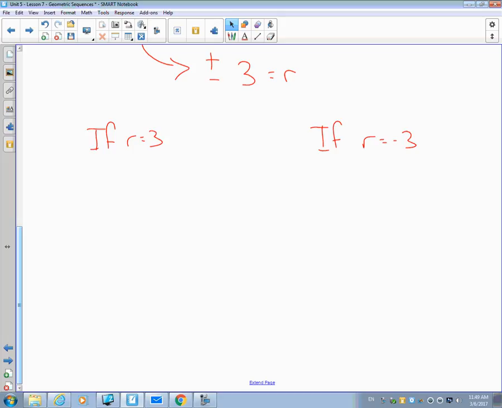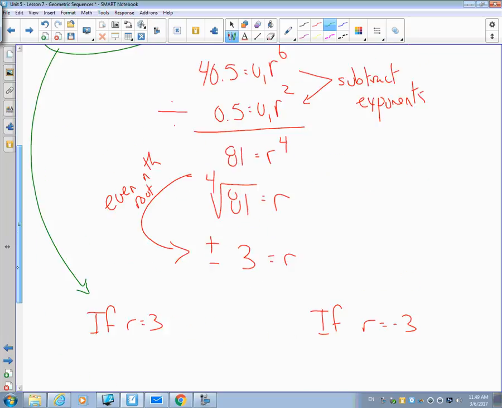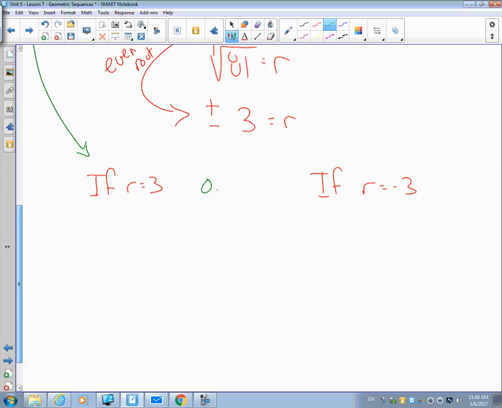Either way, I can use my equation from way back up here to solve for U1. So let's do that. We know 0.5 equals U1 R squared. So let's see what happens if R is 3. We'll get 0.5 equals U1 times 3 squared, which is 0.5 equals U1 times 9.